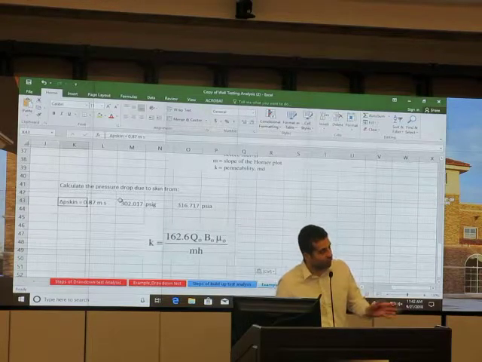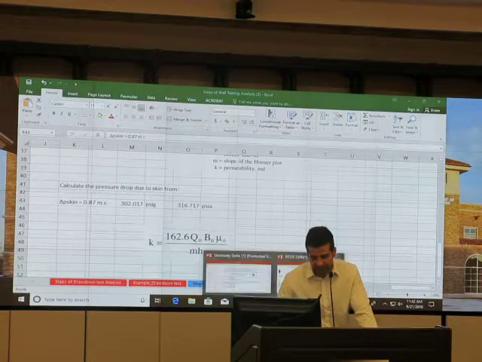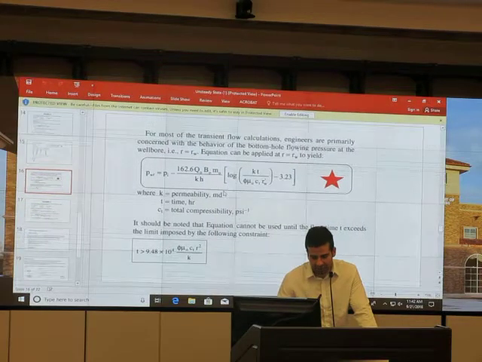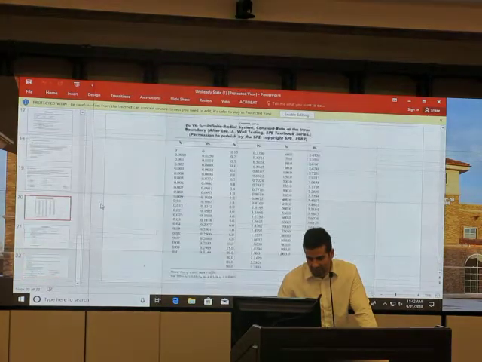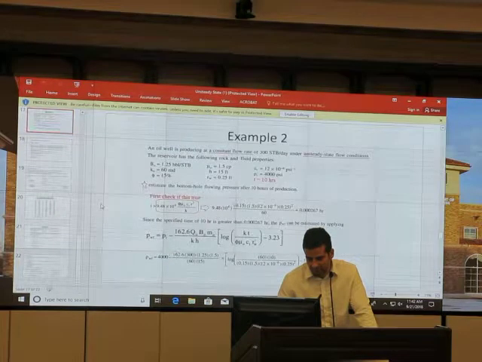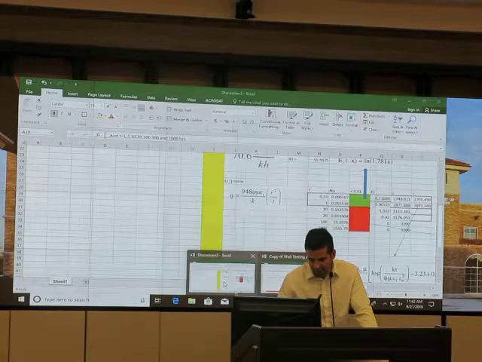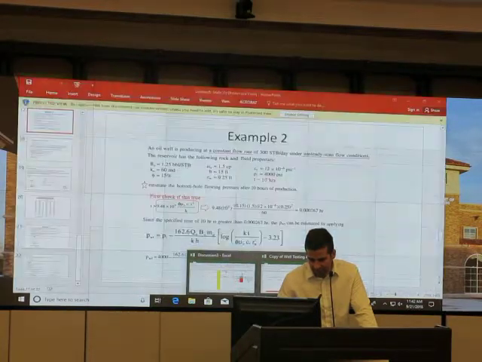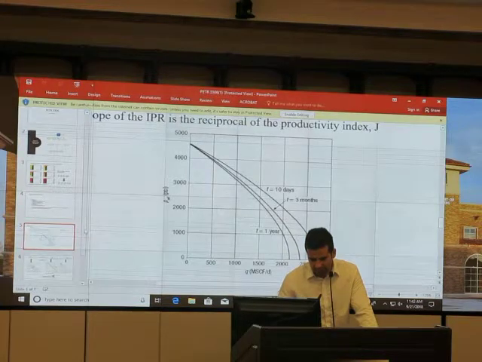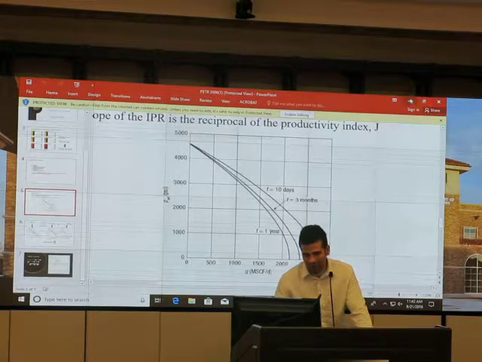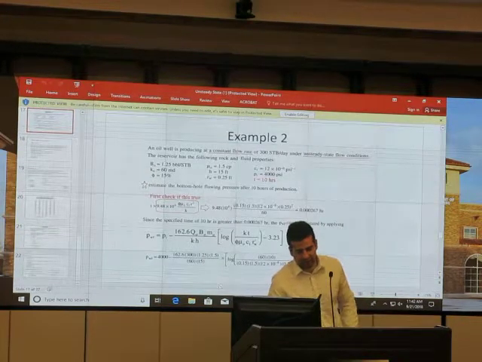Okay, but fortunately, in this equation, is the skin factor one? The one that has the skin factor, I think I have it over here. Okay, I don't have it. I think it's in another discussion file.